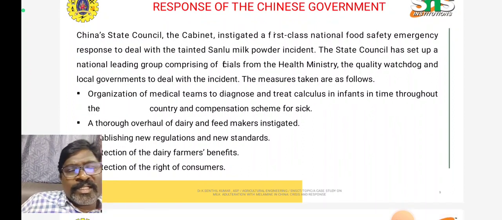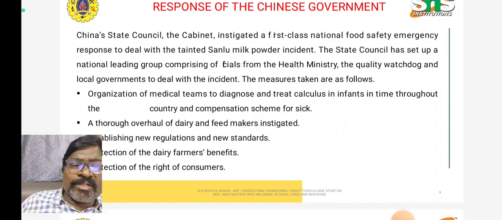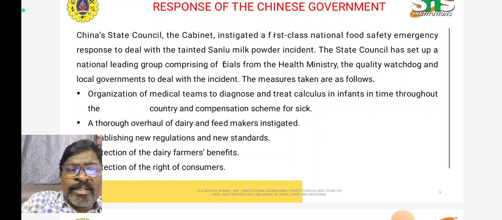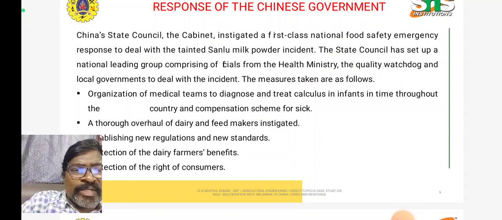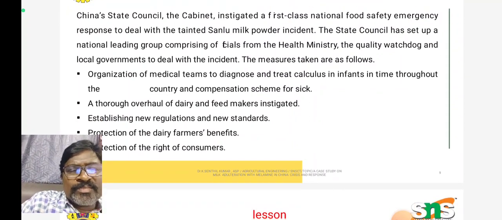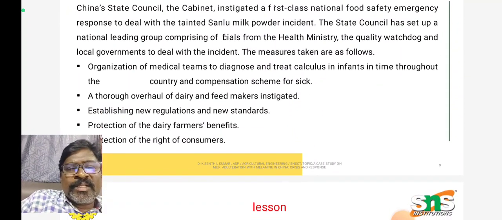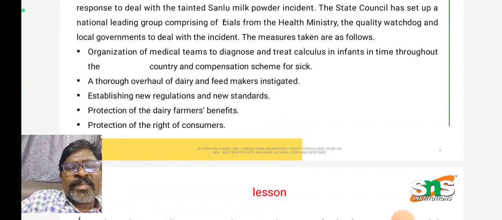Let us see what are all the measures taken by them. Organization of medical teams to diagnose and test for calculus in infants in time throughout the country, and compensation schemes for the sick persons. A thorough overhaul of dairy and feed makers was investigated.